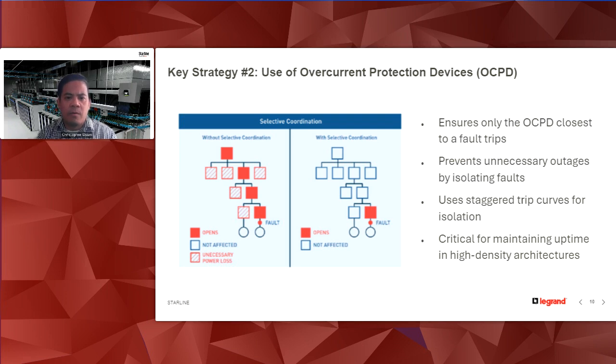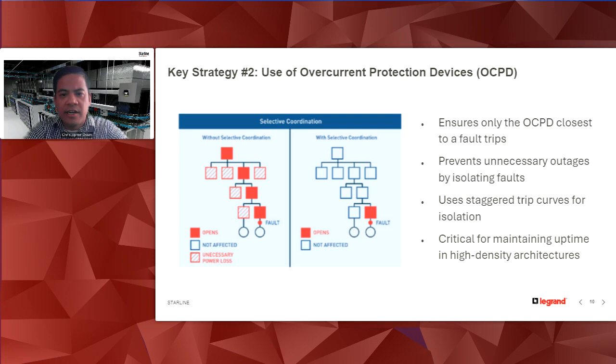And so what you're seeing here with the image on the right is a fault happening downstream, and that first overcurrent protection device actually opening up and limiting it to that part of the power chain. Whereas the image on the left, you see that same fault with an uncoordinated system. You can see that it trips virtually everything upstream, and it causes unnecessary outages.